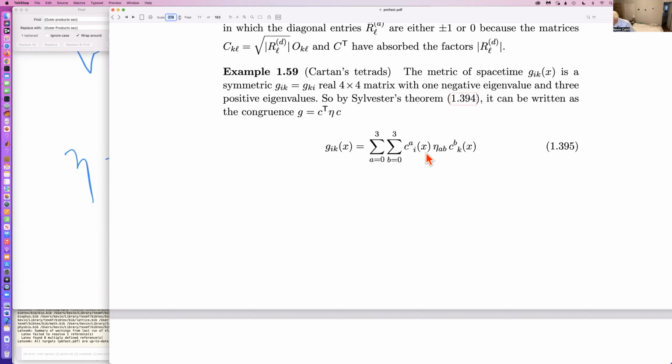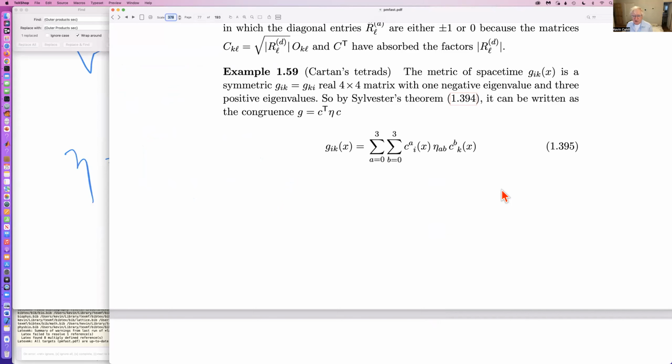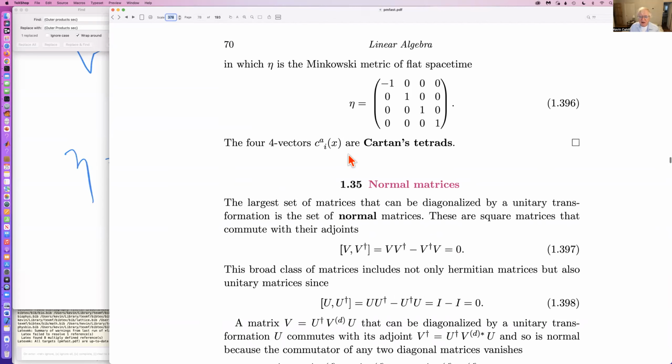Eta is -1, 1, 1, 1 with zeros here. And G is the matrix then of space-time. Oh, I didn't show you this in detail, sorry. It's -1, 1, 1, 1. Some people use +1 and 3 minuses. I think that's perverse. G is the matrix of space-time.